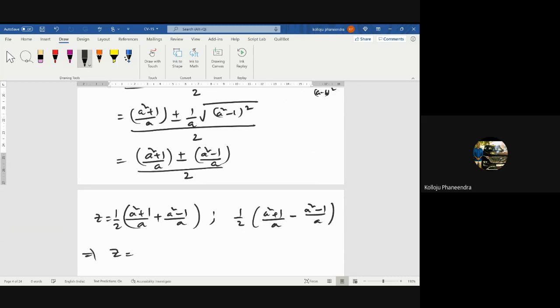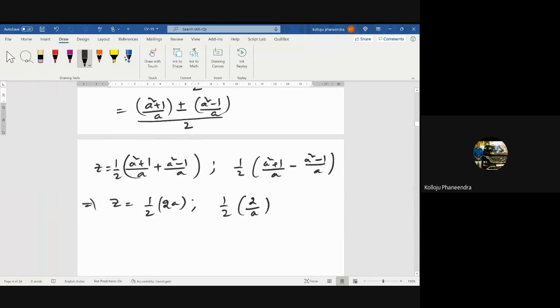So this implies, in the first, 1 gets cancelled: 2a square by a, that is 2a. In the other one, a square gets cancelled: 1 minus 1, 2 by a. Is it correct? Right? So the roots are a and 1 by a.